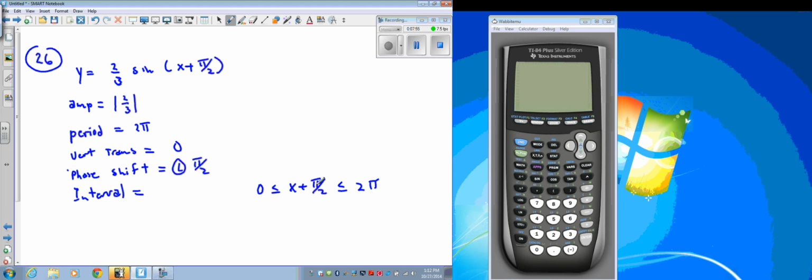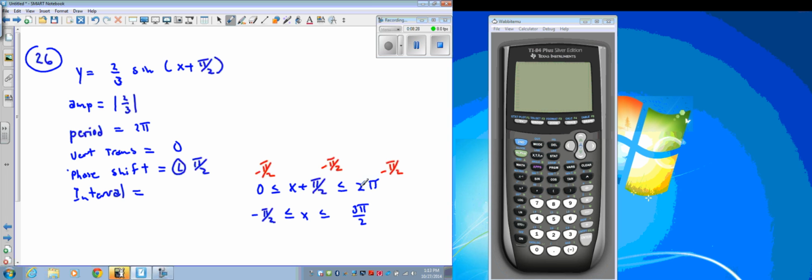Well, you'd have to subtract pi over 2, right, to get x by itself. And the algebra of that says you subtract pi over 2 here and subtract pi over 2 here. So the result of the interval is going to be a negative pi over 2 less than or equal to x, which is less than or equal to 3 pi over 2.